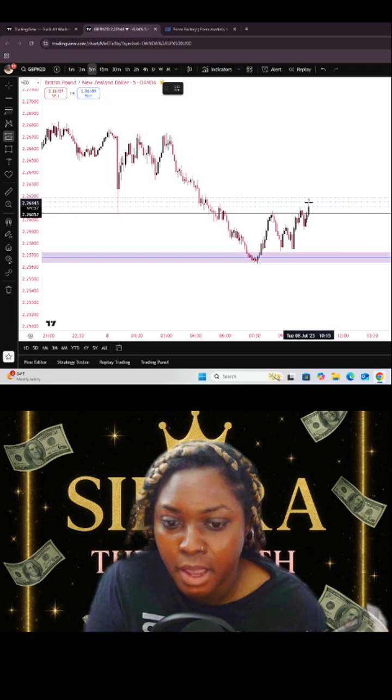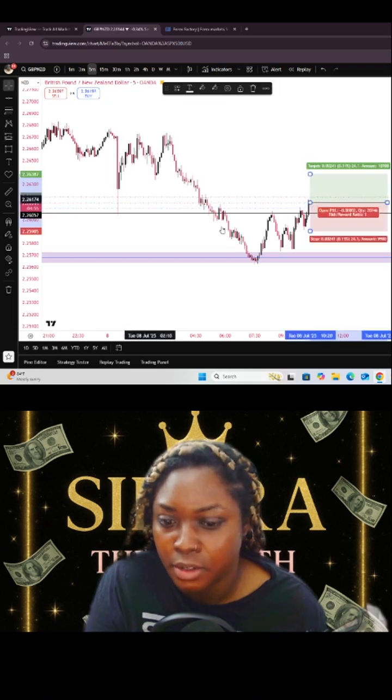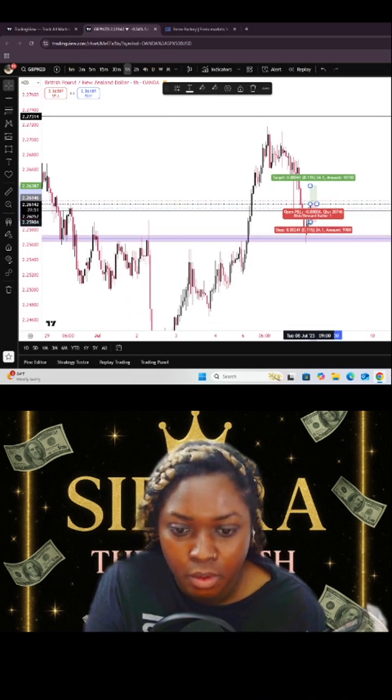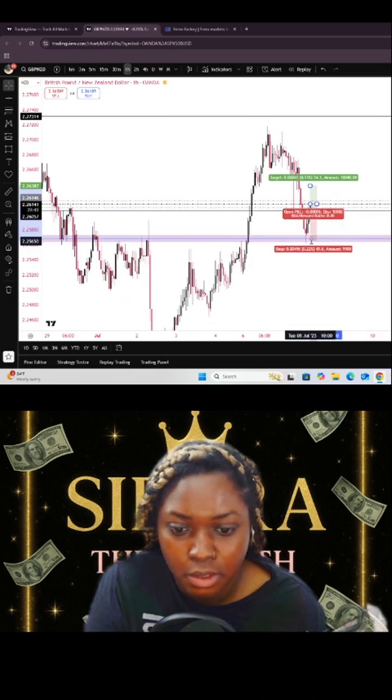All right, buy it. We're buying here. Stop loss. Let's see how wide is that stop loss. Okay, stop loss here below that hourly wick.